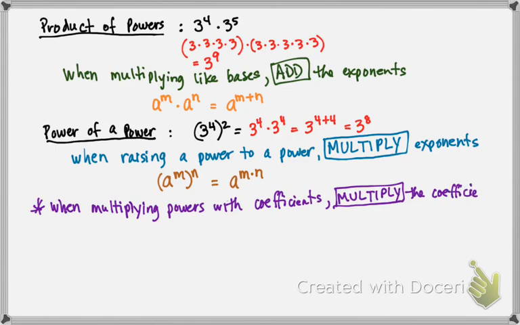So you're going to do whatever math the operation tells you to do with the coefficients, but add the exponents. Okay? That would be assuming with like bases, right? Or the exponents of like bases.